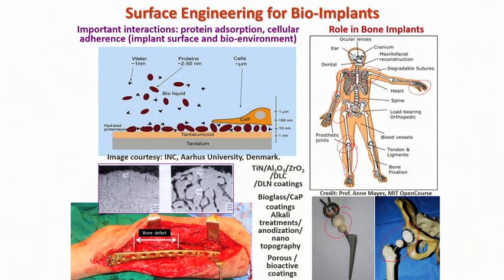So ideally you would like to develop a material whose core will be metal, but will have a coating of some compound which could be very close to the bone composition, something like hydroxyapatite, which actually can also integrate well with the body.